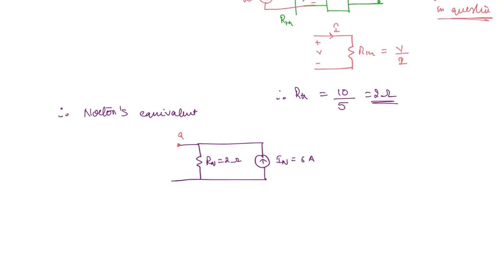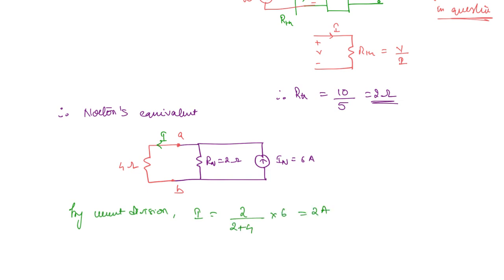This is A and this is B, and here you have resistance 4 ohms. So by current division, you're going to get, this is the required current, I is equal to 2 divided by 2 plus 4 into 6, which is 2 amperes.